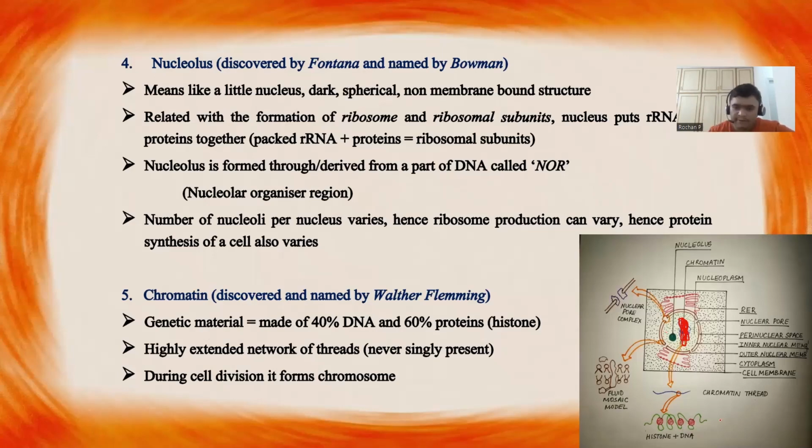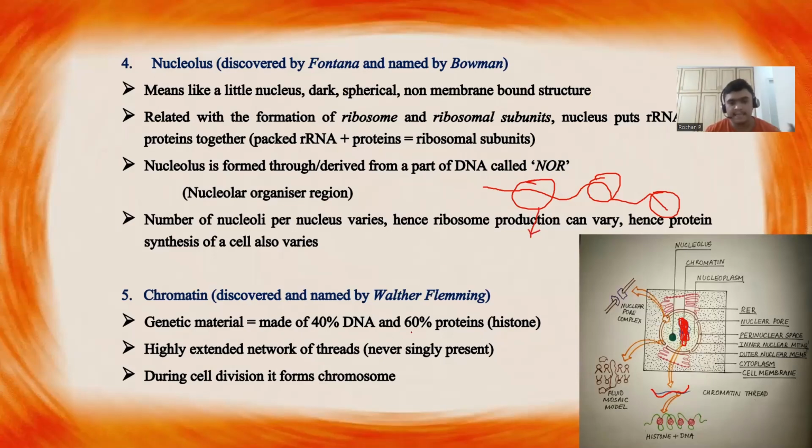If I take off one thread like this and magnify it, I'm going to find this is the DNA strand. With that, I'm going to find structures like this. These round structures are bound by the DNA thread. What are these round structures? These are proteins. When I say proteins, can it be any protein?